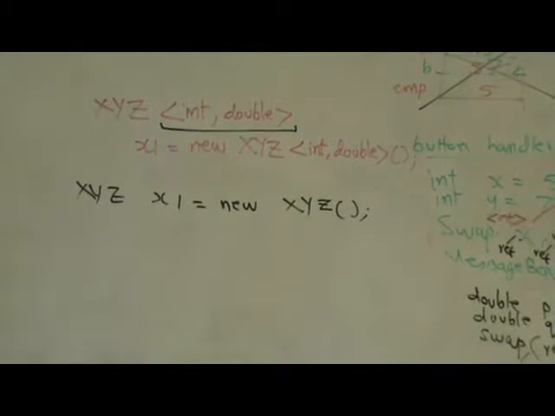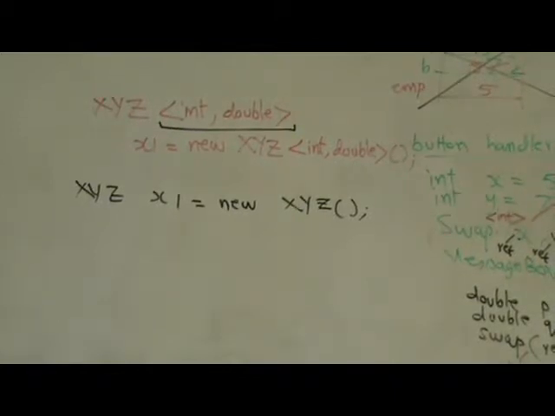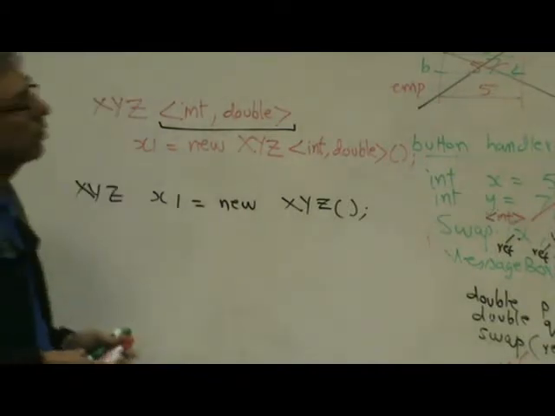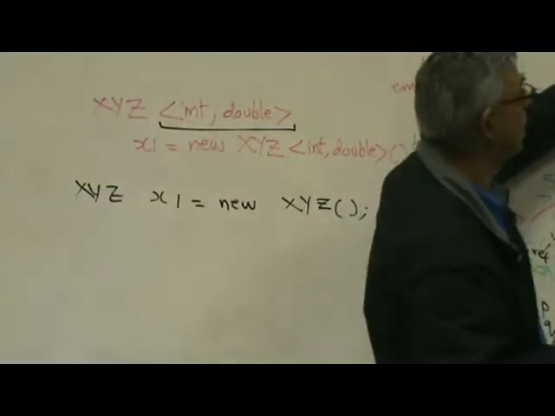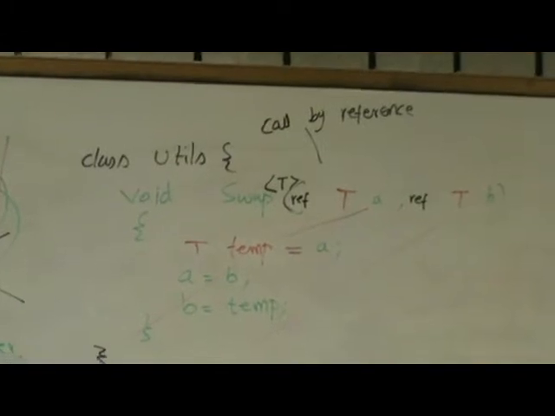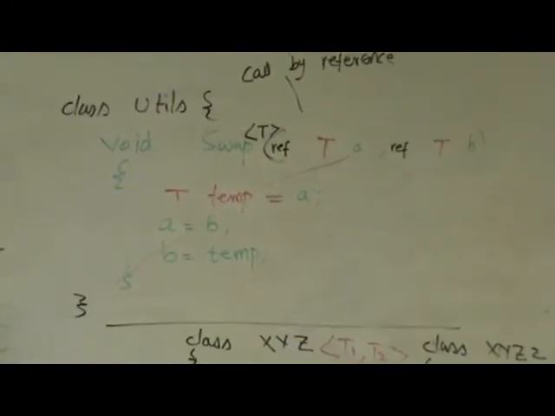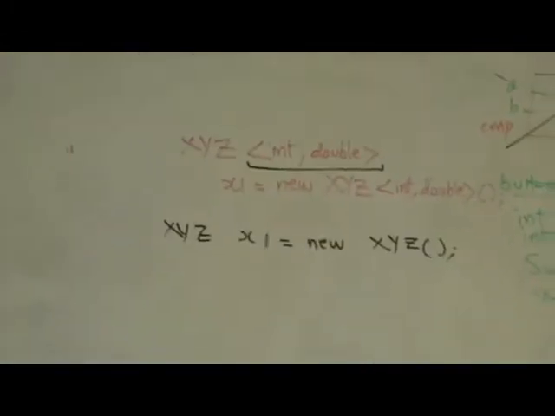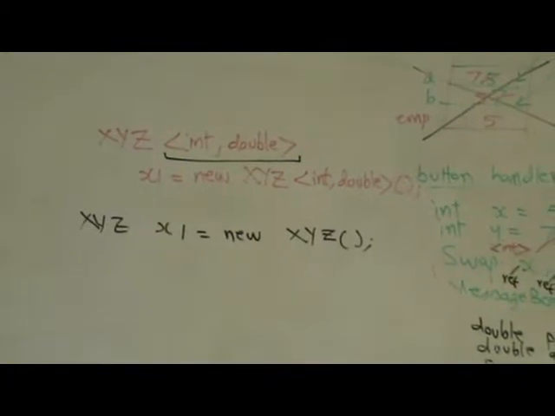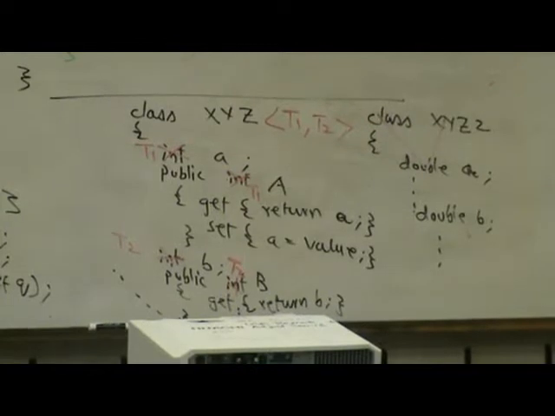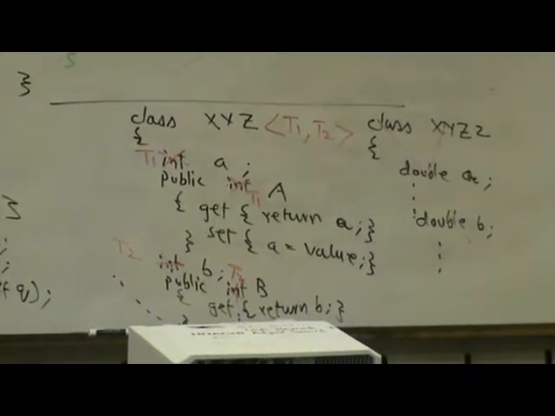So this was an example of a generic class. Swap was an example of a generic method. Over there, you wrote T2 B and T2 again for B. If we know that it is int, we can just use T1 over there.